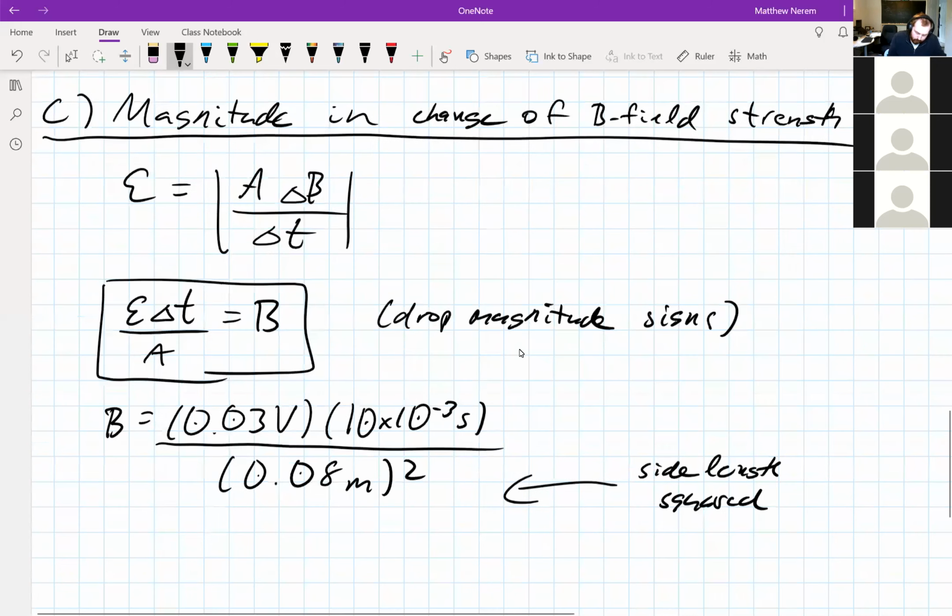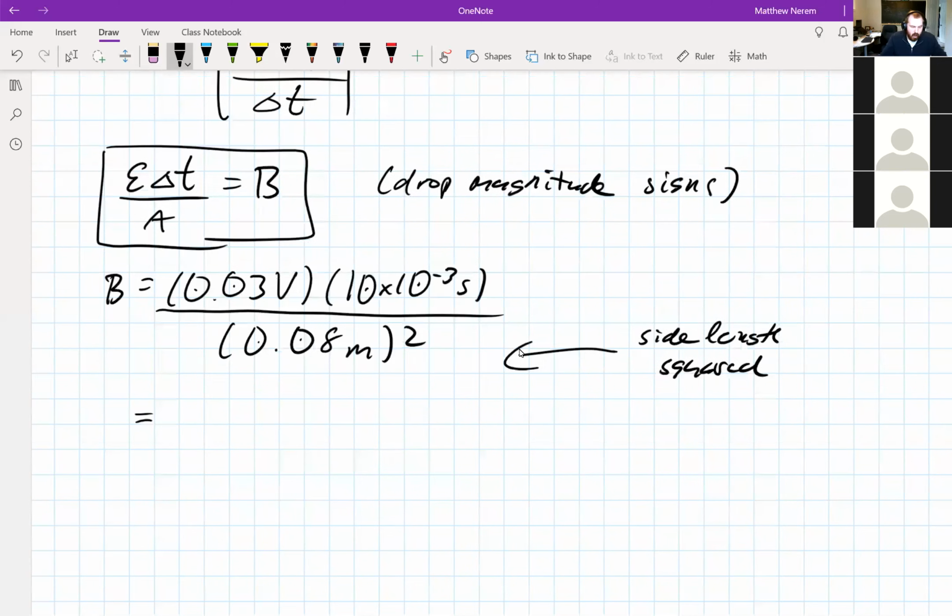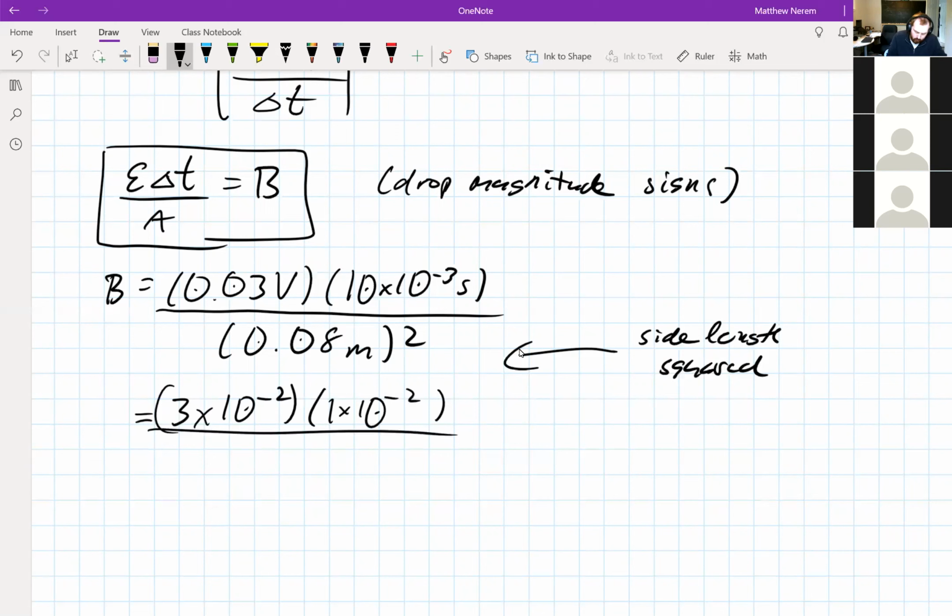Right. And we won't use any calculators yet, so we can still play around with this. Right. Let's just isolate powers of 10. So it's 3 times 10 to the minus 2. That's 10, instead of 10 to the minus third, this is 1 times 10 to the minus 2. And this is 8 times 10 to the minus 2, squared.